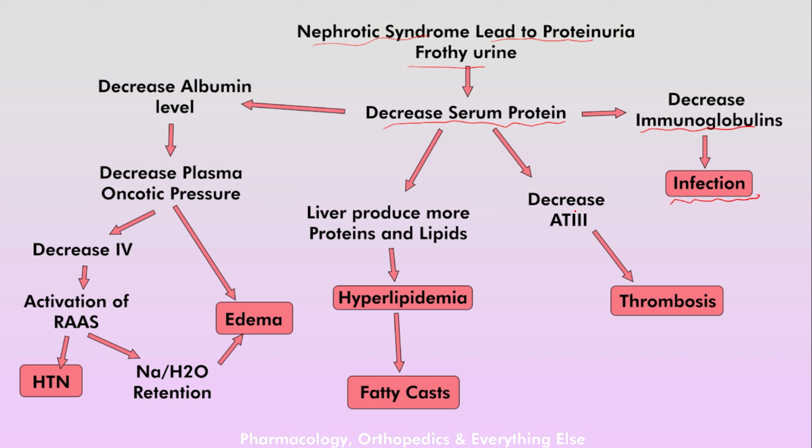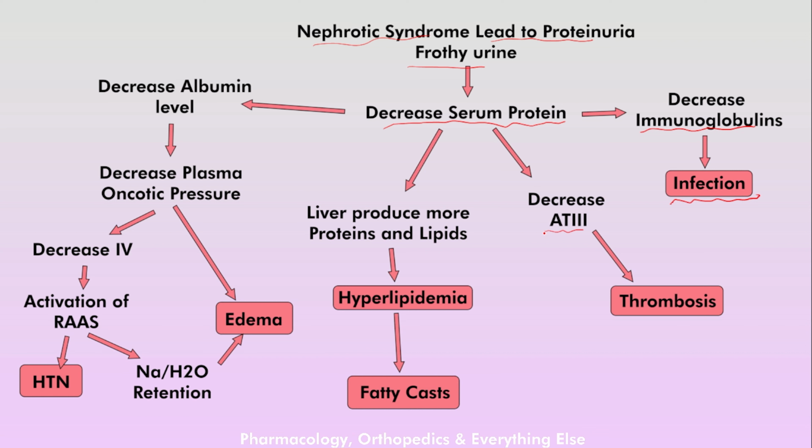Also, the coagulation and anticoagulation proteins are lost. So one of those anticoagulation factors is the antithrombin 3 factor. This factor's function is to deactivate the active forms of factor 9, 10, 11, 12, and factor 2 as well.